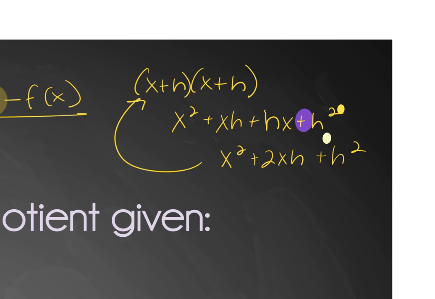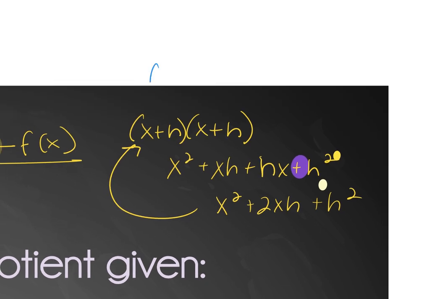Or you could have used your shortcut that we talked about when something's squared. And that is square the first term, square the last term. It's always a plus. Take the product of the two, which is xh, and double it. Or you can memorize it because you're going to have to use it a bunch, okay?